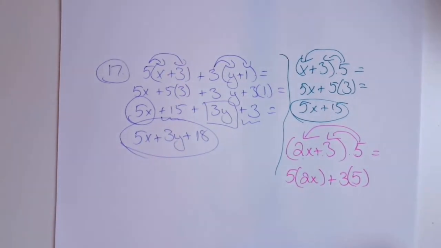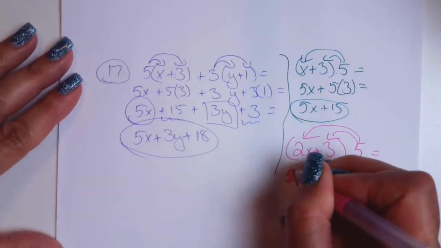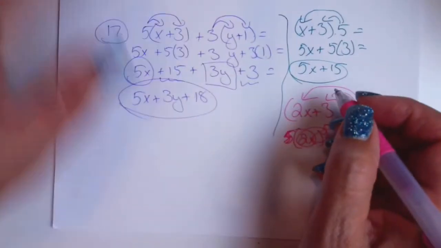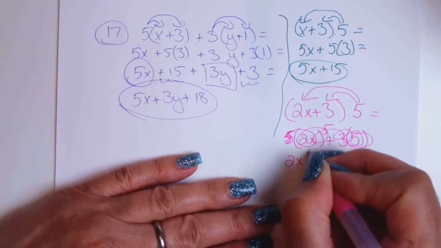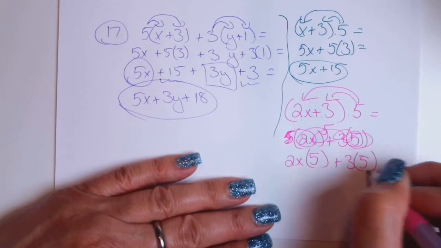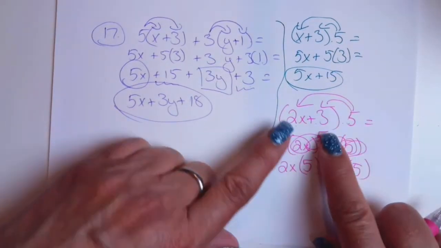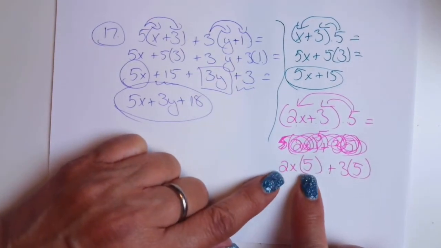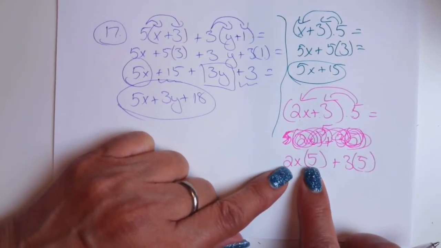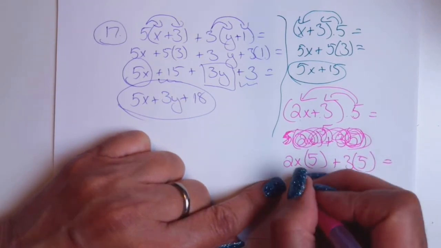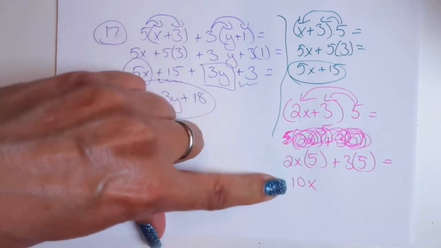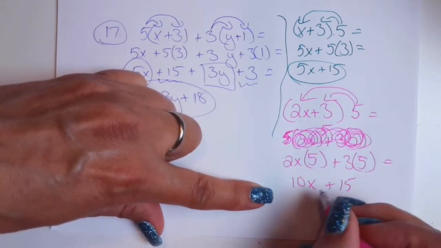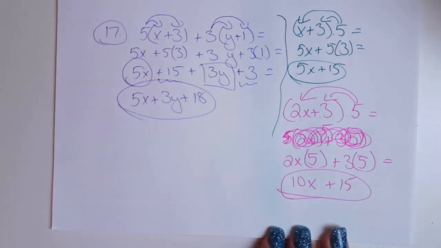I'm sorry, I'm switching them around right now. Let me put the 5 in here so they're in the same position. Let me actually rewrite it. So 2x times 5 plus 3 times 5. So these are the 5s that come from this, and then you have 2x plus 3. And now we're going to multiply 2 times 5, because we can do that. 2 times 5 is 10, and we have an x left here. So it's 10x. Plus 3 times 5 is 15. So the answer to this would be 10x plus 15.